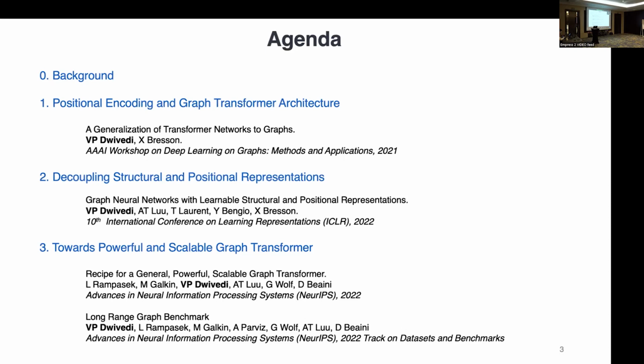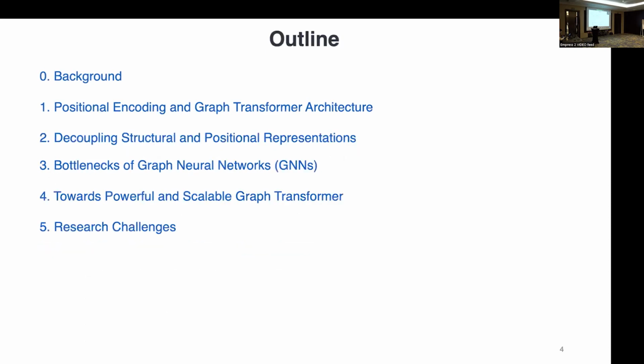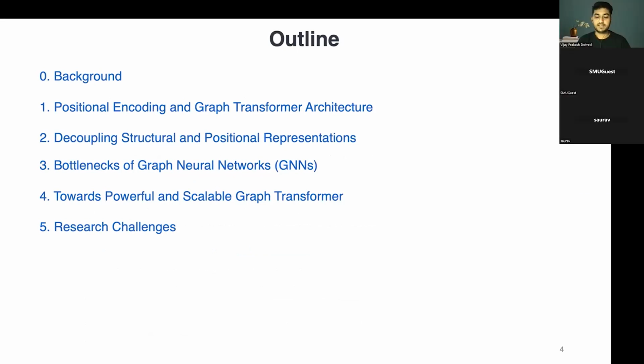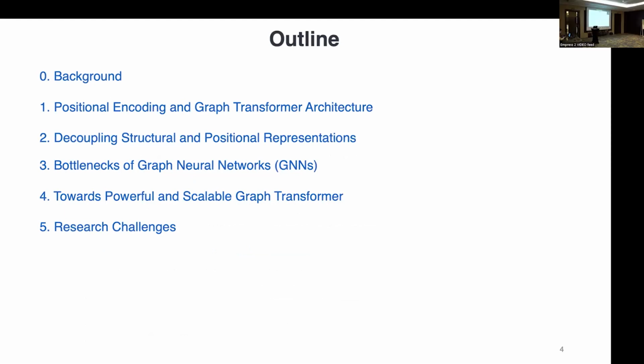So these will be some of the works that I'll be discussing, and the outline will be: first, I'll provide a background of the motivation for this particular domain, my interest as well. Then I'll introduce the vanilla graph transformer architecture, which involves one of the key design aspects of positional encoding for graphs. Then we proceed ahead and try to solve some limitations and improve further by decoupling structure and positional representations.